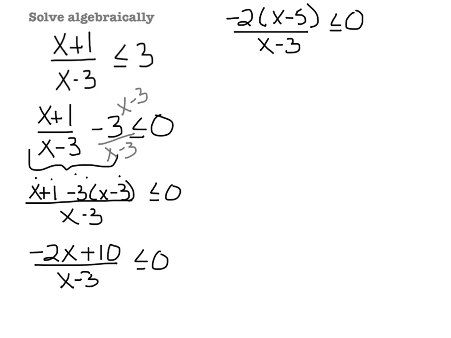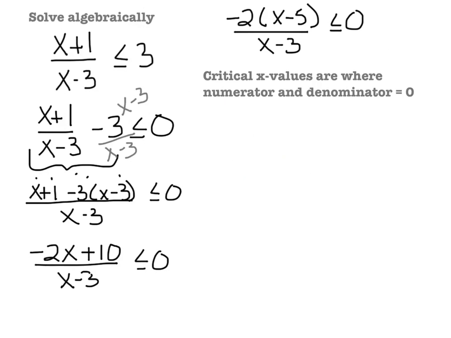The critical x values are where your numerator and your denominator are equal to 0. If we set the numerator equal to 0, we would have x equals 5. And if we set the denominator equal to 0, we would have x equals 3. Those are the critical x values. That's actually going to be your vertical asymptote and your x-intercept.